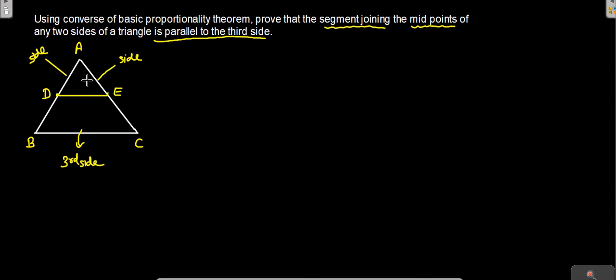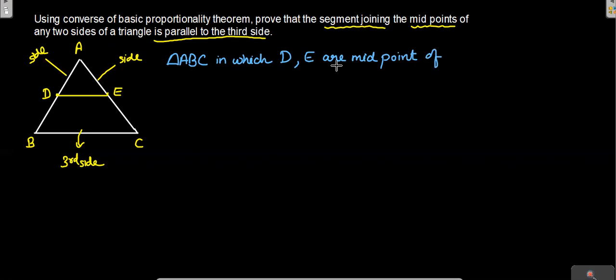Now let us write what is given in this diagram. We cannot just draw, we have to also explain it in words. So triangle ABC, as you see here, in which D and E are midpoints of which lines?